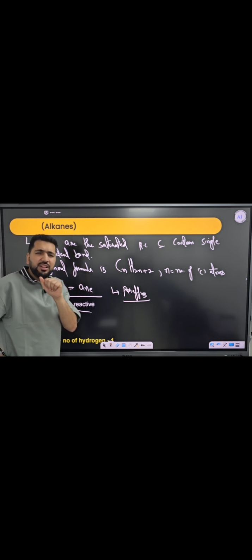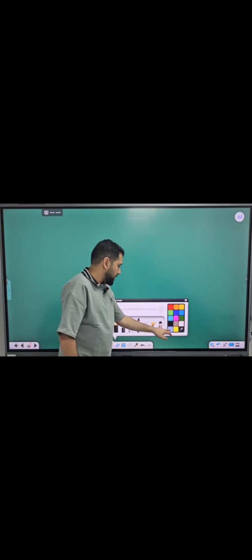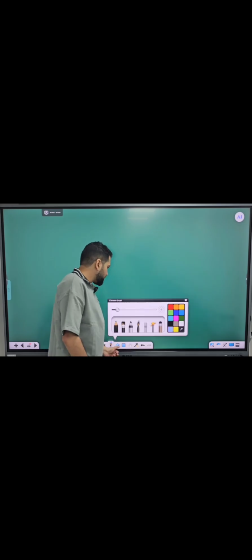Now let's try to find out what these points mean, general formula and all that. But before that, we need to understand one more point guys, and that point is very, very important, right? What is that point? Try to understand. For example, if there is one carbon atom, for that we use a prefix.